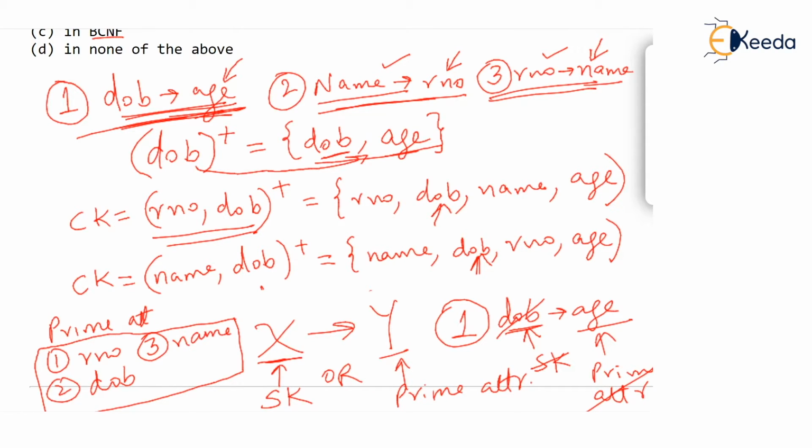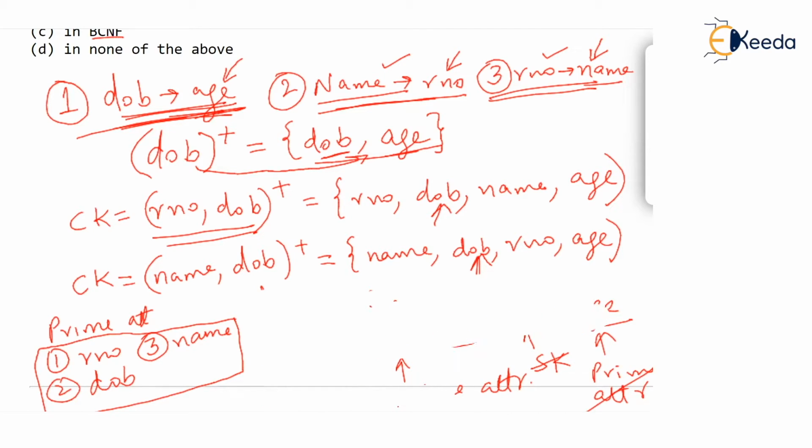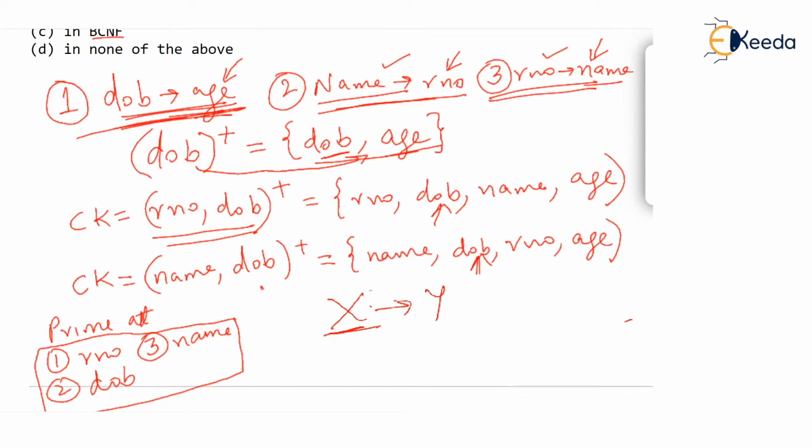Then you go one level up. You just check whether this table is in 2NF. Now what is the rule for 2NF? Every non-trivial dependency X determines Y should be such that X should not be part of candidate key and Y should not be prime attribute.